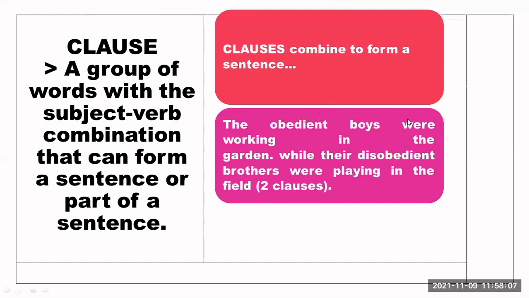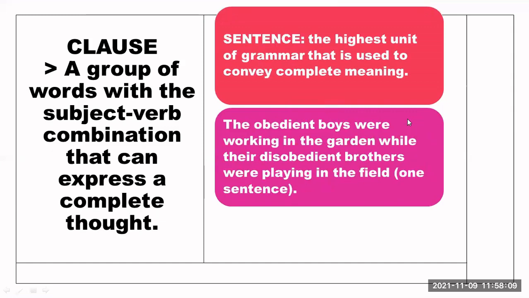And then we move on to the last unit of grammar, which is the largest or the highest, if you like, and that is the sentence. The sentence is the highest unit of grammar, and it is used, excuse me. The sentence is the highest unit of grammar that is used to convey complete meaning.